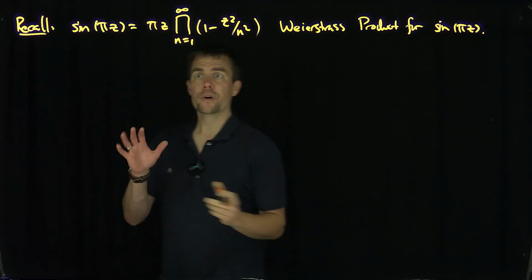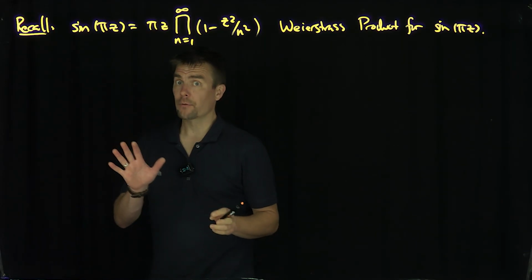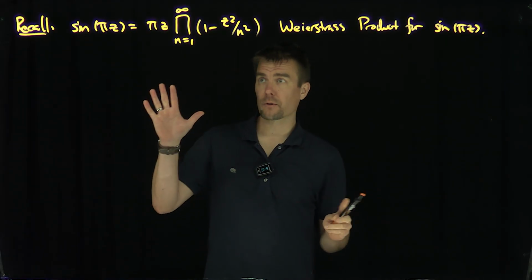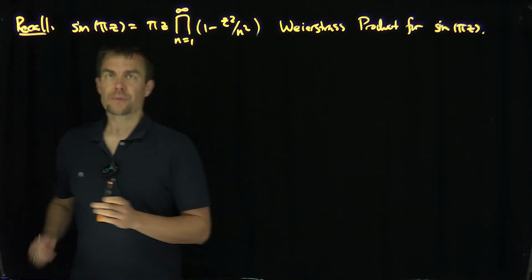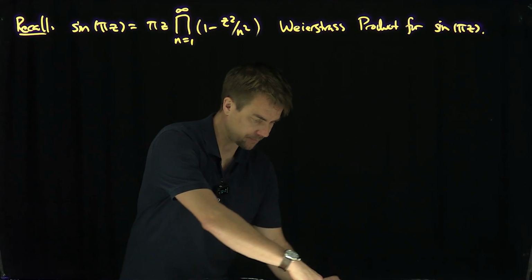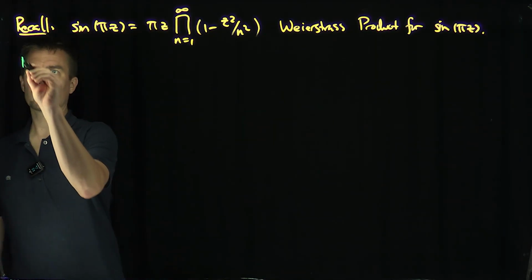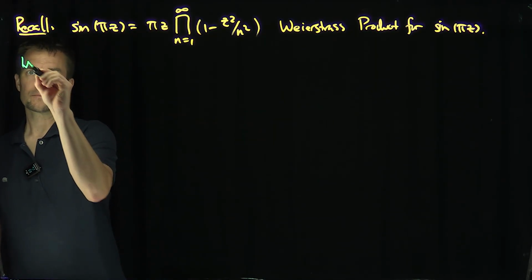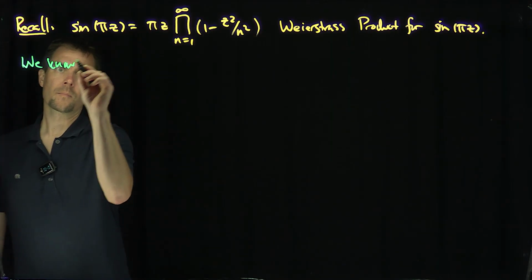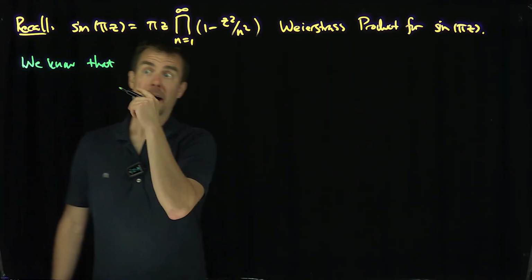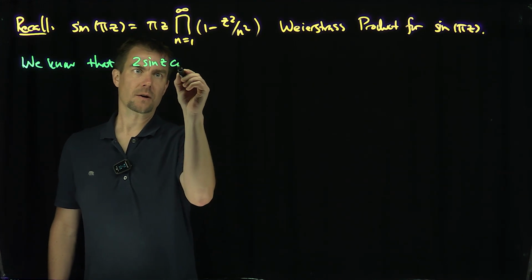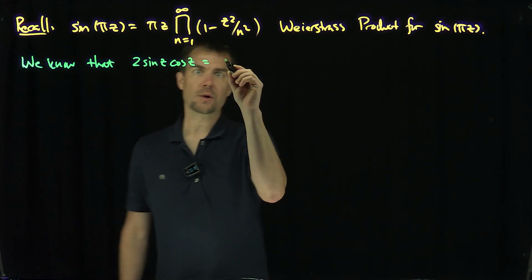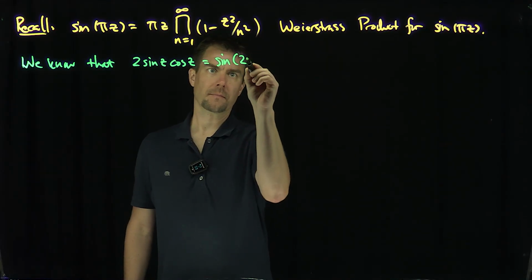Okay, excellent. We can use this to get other Weierstrass products for free. That's the beautiful thing when you have absolute convergence, you can do ordinary product operations and get other ones for free. So now, let's consider, recall, we know that 2 sine z cosine z is equal to the sine of 2z.